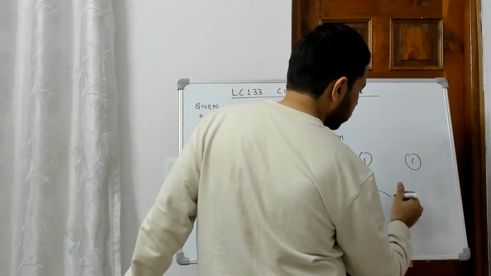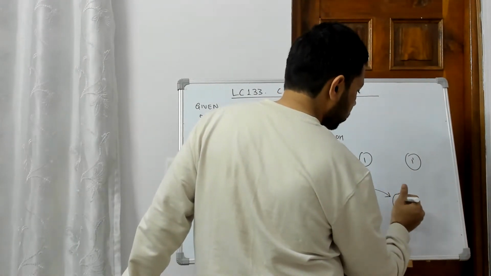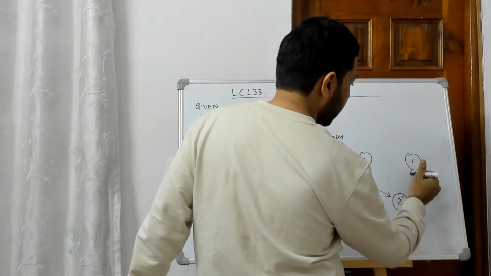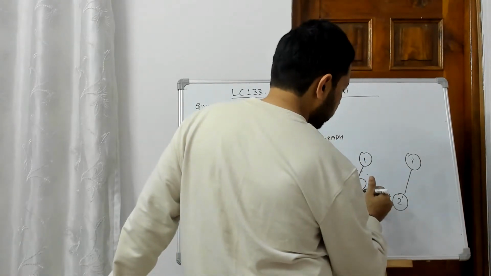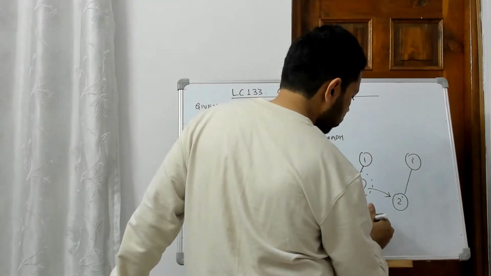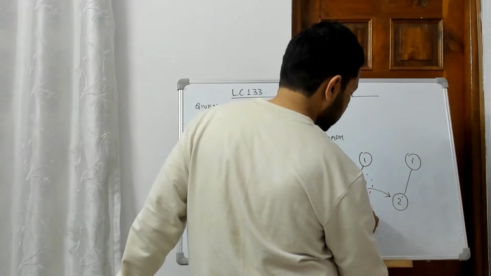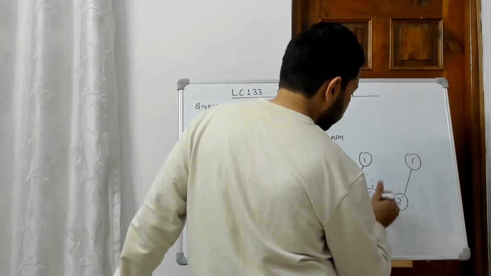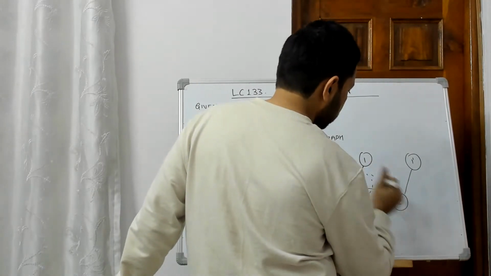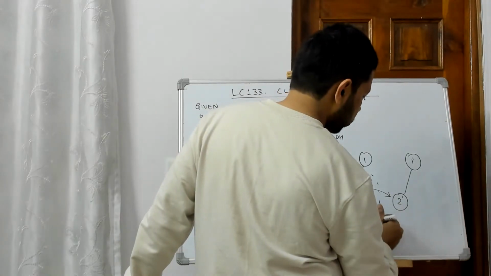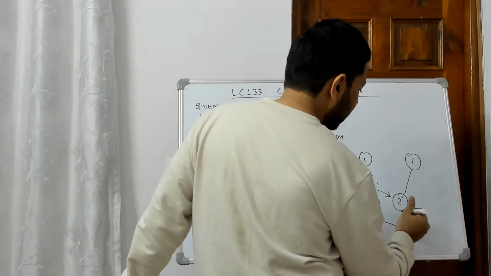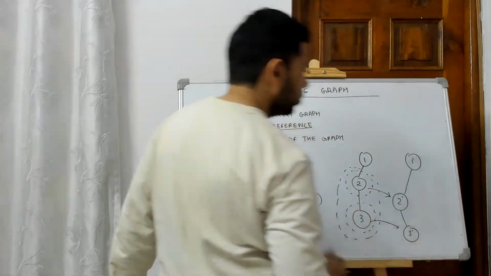So this will be cloned like this, and then you will have to create an edge here. Similarly, this will recursively call for 3. So you will have a separate graph here. This is part of a larger graph. Now 3 gets cloned here, and then 2 starts pointing to it.